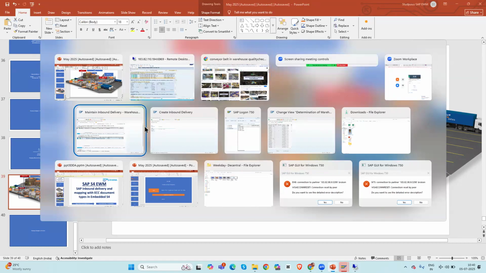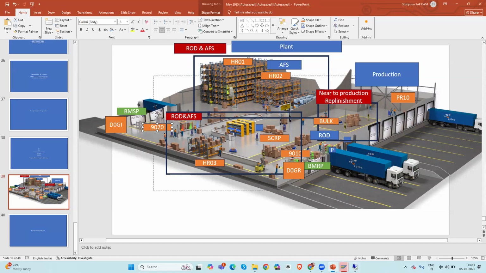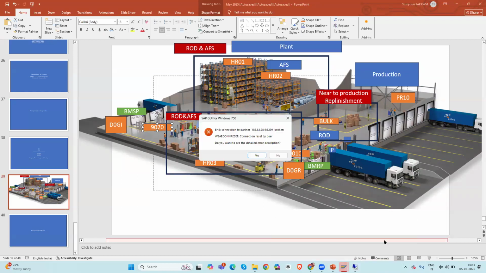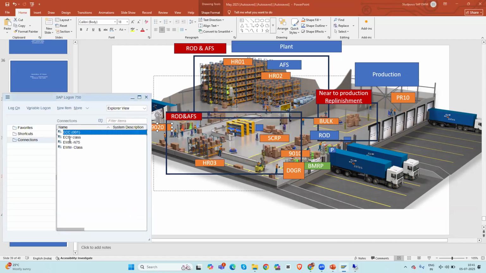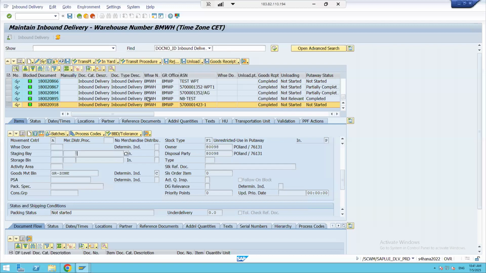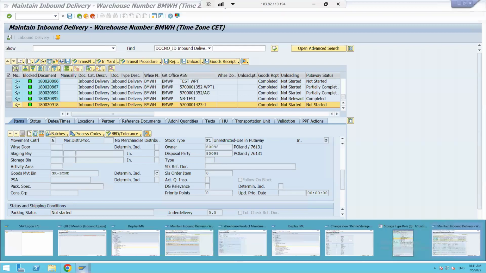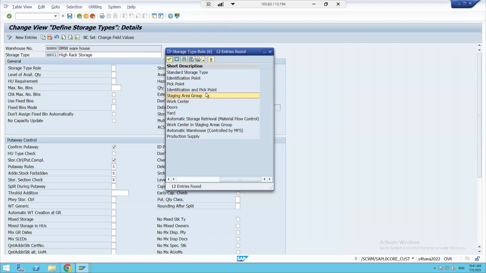Staging. So this will be acting as a staging area group.